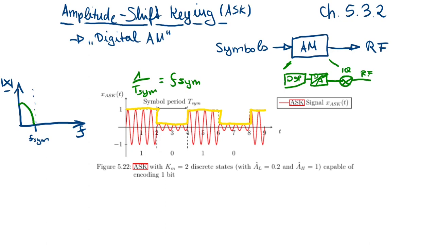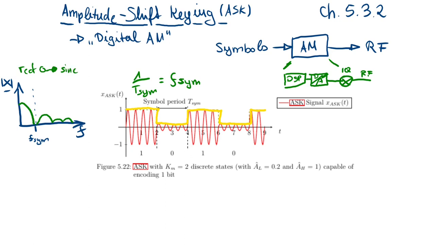And as the symbols are rectangular functions, the Fourier transform of the rectangular function is the sinc function.